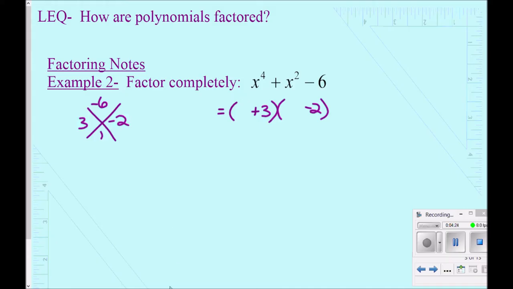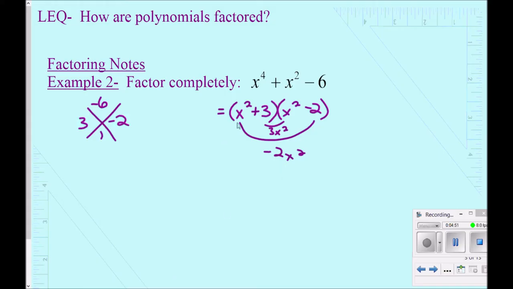With x squared, we know it's x and x, so with x to the 4th, it's x squared and x squared. You can certainly multiply that out, doing first times first, outer times outer, inner times inner, last times last to check it. When you do, you'd have a -2x squared and a +3x squared from the outers and the inners. When I combine those, I get the 1x squared, so I know it's correct.